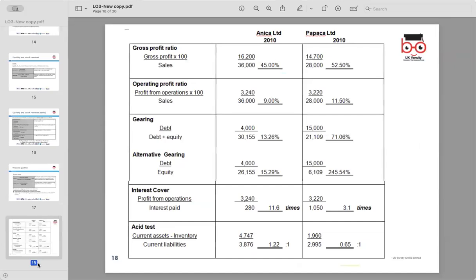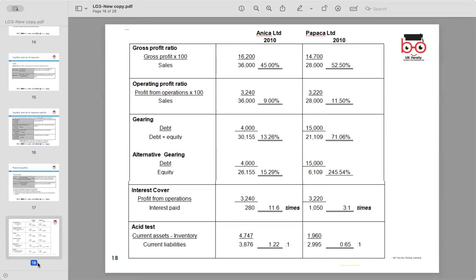Right. Here are some more ratios: gross profit ratio, operating ratio, alternative gearing, interest cover, and asset tests. Gross profit ratio measures the proportion of gross profit generated from sales. Here is an example of two different companies, Anisha and Paprika.